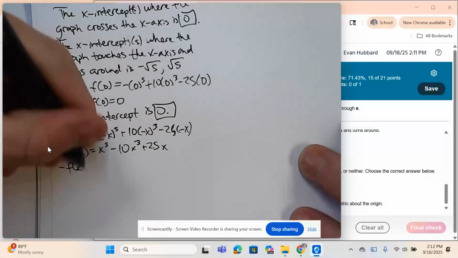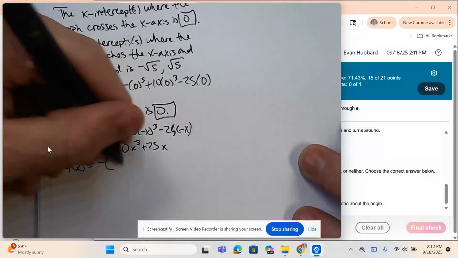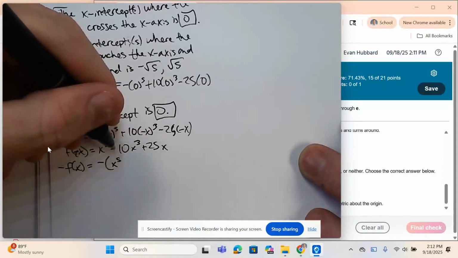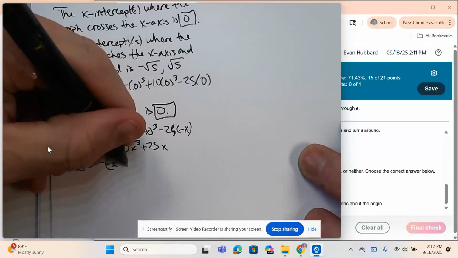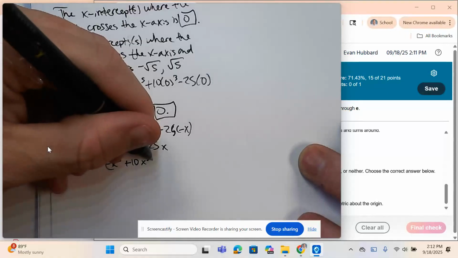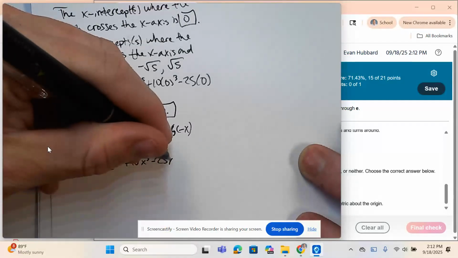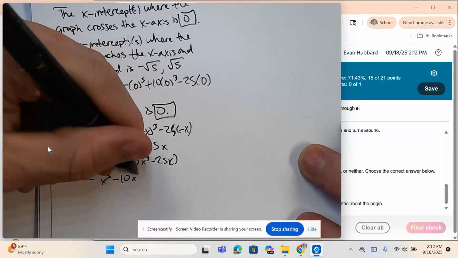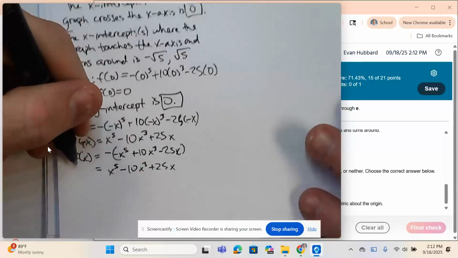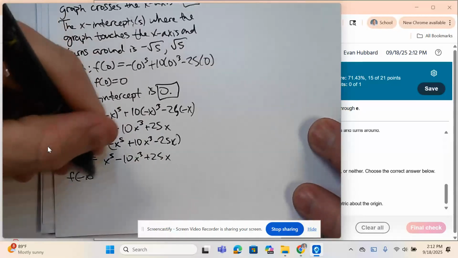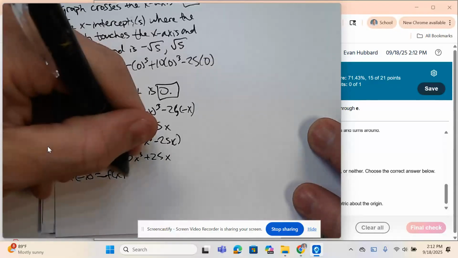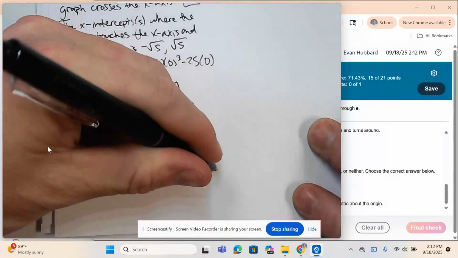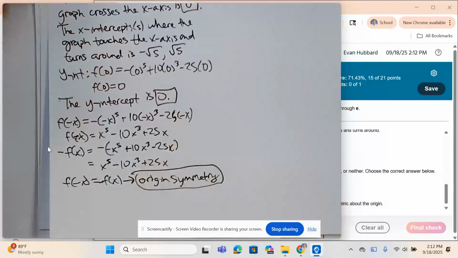Negative f of x is going to be the negative of this, negative x to the 5th plus 10x to the 3rd minus 25x. So you negate all that, it'd be x to the 5th minus 10x to the 3rd plus 25x. And so in this case, f of negative x equals negative f of x. And so this is going to have origin symmetry.